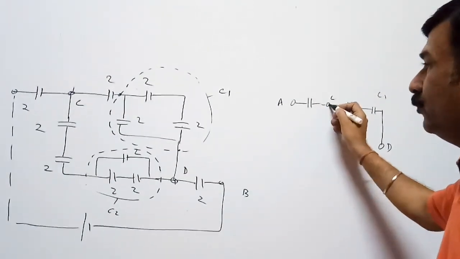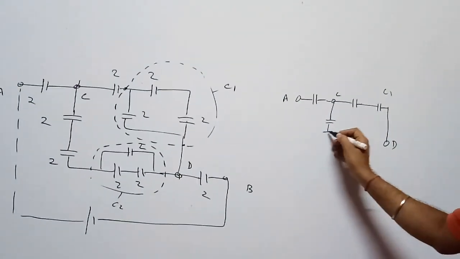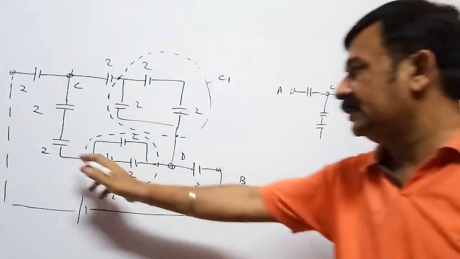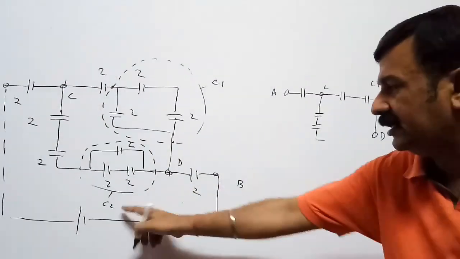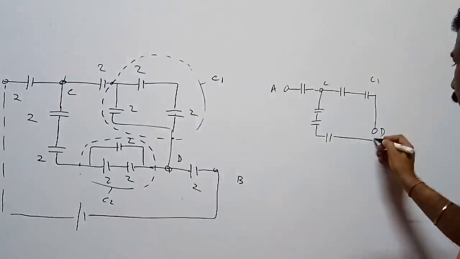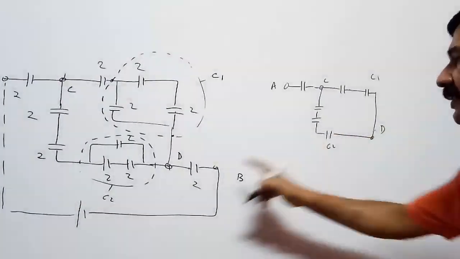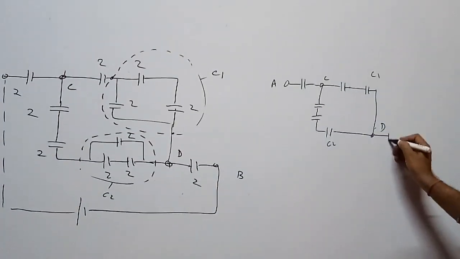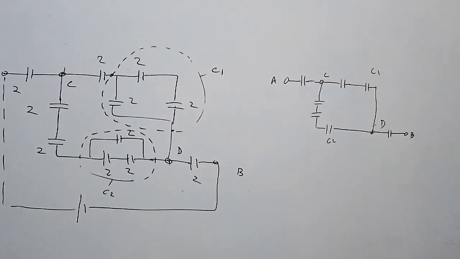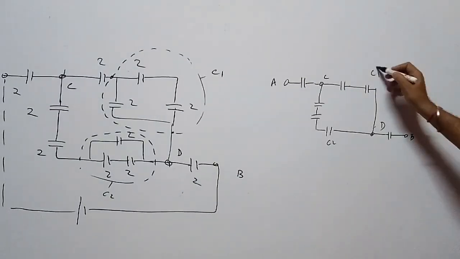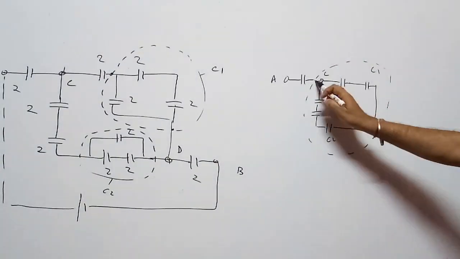From point C, these are two capacitors, 2 farad each, reaches here. This is a single capacitor of capacity C2. This is point D. Then again we have a 2 farad capacity. Now, this is also a subgroup having one entry, one exit.